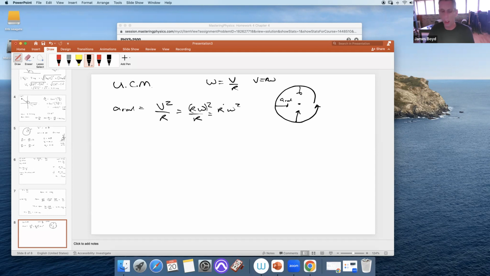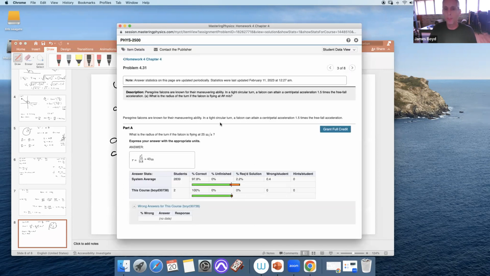We don't need it in this problem, but just be aware. a_tangent is r alpha. a_radial is v squared over r, or r omega squared. They are different. So this would be a_tan, this is a_rad, and the actual a is at some angle between. Don't confuse those two. But in this problem, we're talking about a_rad.